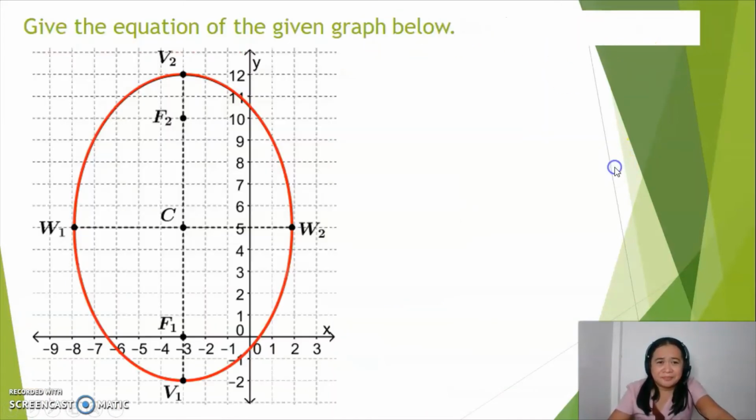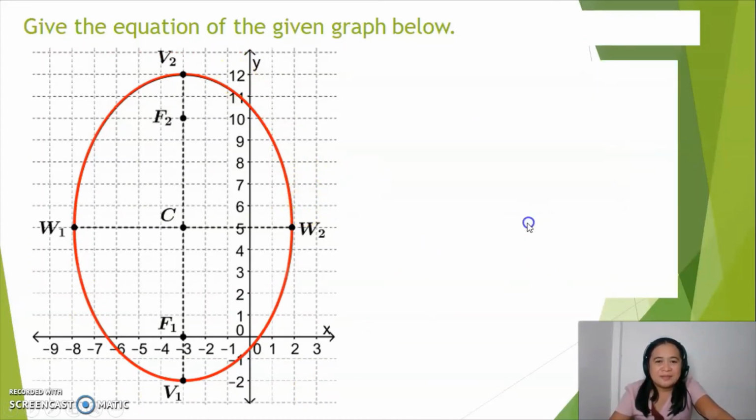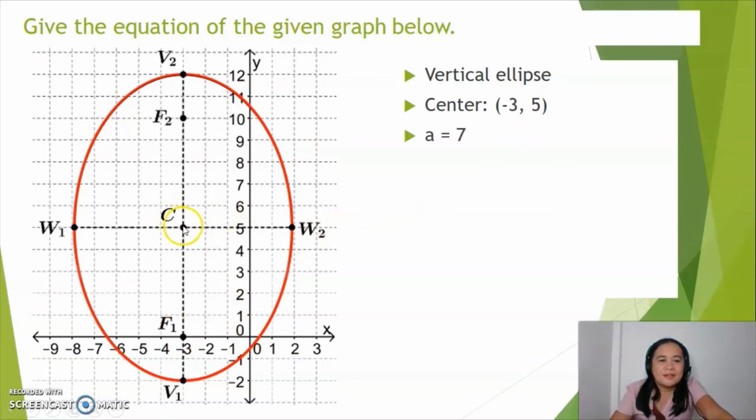Another example. In this case, a graph is given. It is a vertical ellipse. The center is located at (-3, 5). From the center, going to one vertex, it's 7. And from the center, going to one co-vertex, the distance is 5.